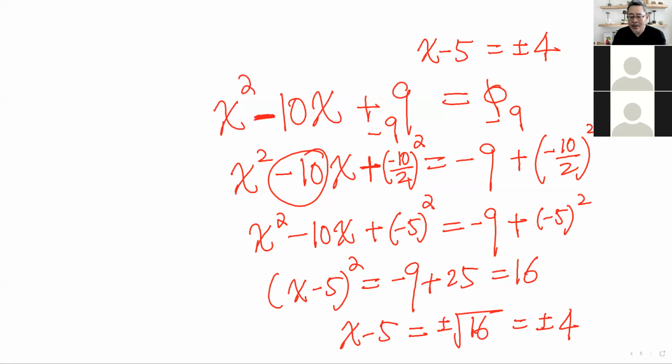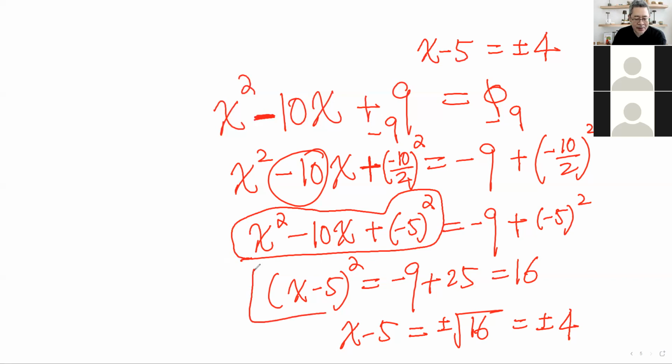Where did you get your answer of x minus 5? Well, it's from here. Remember how we make that into a complete square? What happened to the 10? Remember how we make a perfect square.